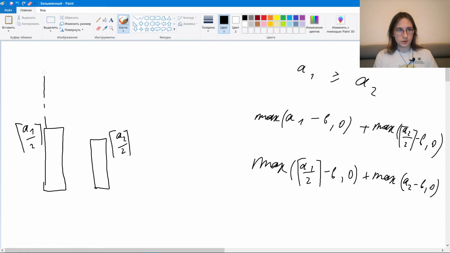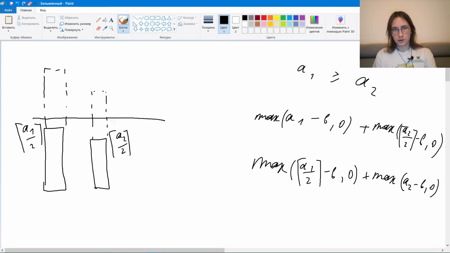Also, let's draw the full a1 here and the full a2 here. As we know, a2 is also less or equal to a1. There are several possibilities. The first case is when b is larger or equal to this, which means that line b, the height b, will go along this line or higher. Of course, it can also go higher than that.